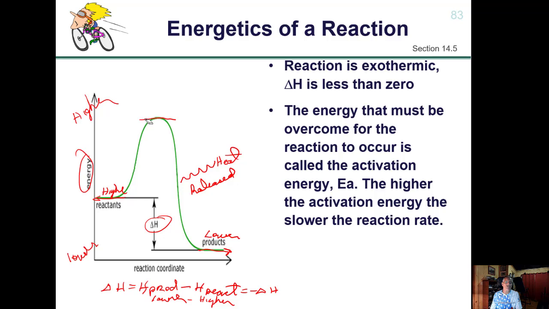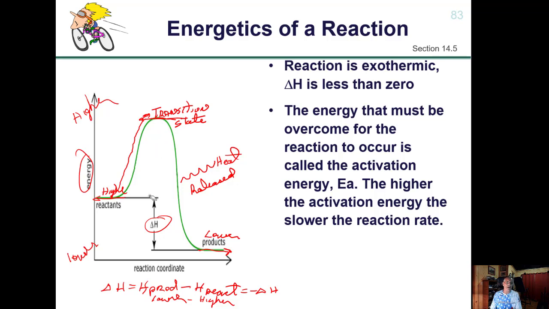I used to ride a motorcycle, and I was sitting in Denver and I wanted to go to Dallas, and you can think of this as a mountain that's in the way. To get to Dallas, I had to expend a tremendous amount of energy to get to the top of the mountain. We call the top of the mountain the transition state, where reactants are transitioning to products.